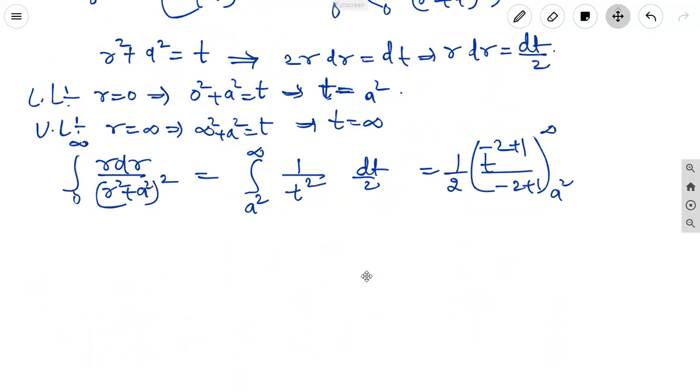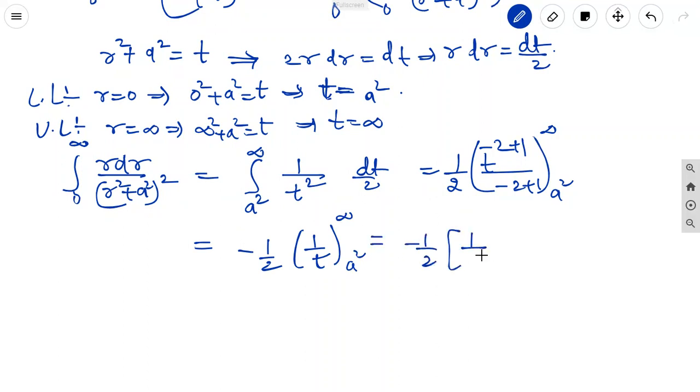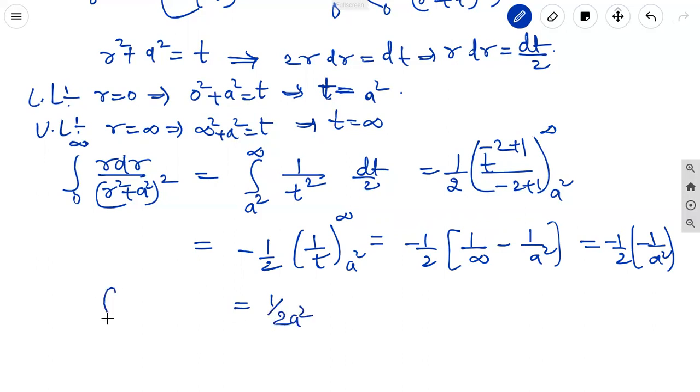That is equal to minus 1 by 2 into 1 by t, limits from a² to infinity. Minus 1 by 2, 1 by infinity minus 1 by a². 1 by infinity is 0, minus 1 by 2 into minus 1 by a². It is equal to minus into minus plus 1 by 2a². This is the integral of 0 to infinity r dr by (r² + a²)².